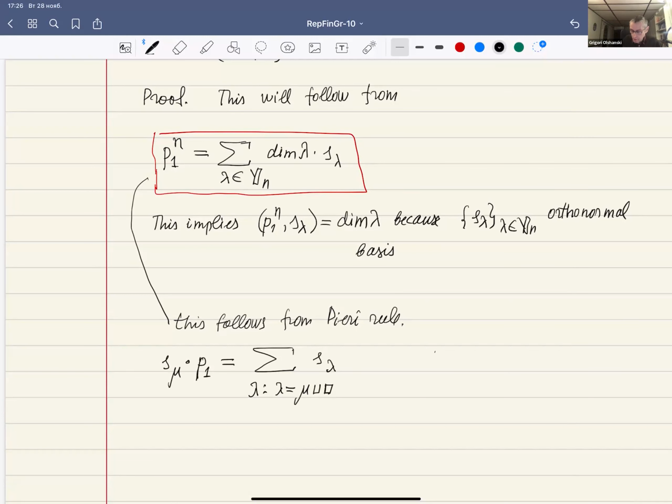So if we take some mu, the possible lambdas are obtained as follows. We can append one box here, or here, or here, or at the very end, but of course not here, because the result is not a Young diagram.